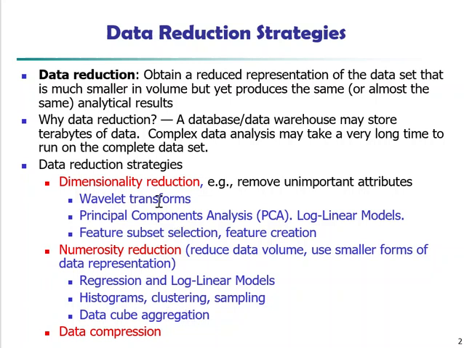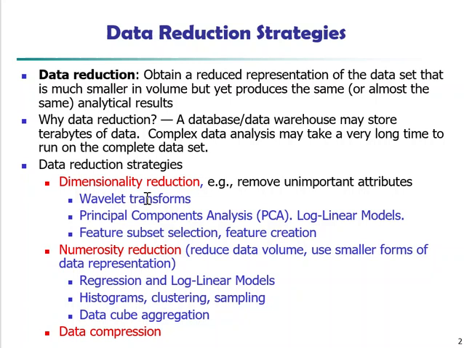On dimensionality reduction, I think this concept is much more important than numerosity reduction, because the dimensionality of the data has a fundamental impact on system performance. We have studied wavelet transforms. Remember that some coefficients can be reduced to zero, so those coefficients will no longer contribute to the mining task.